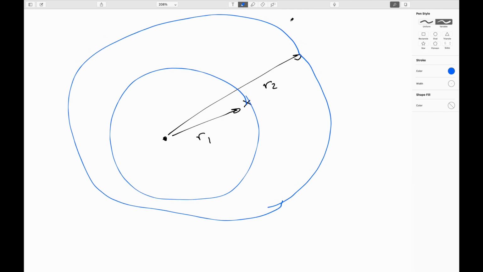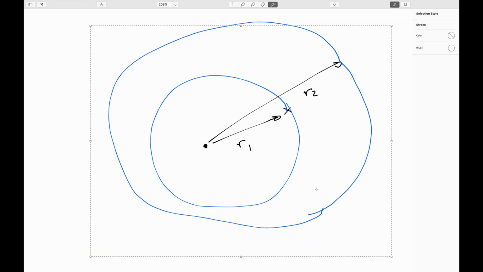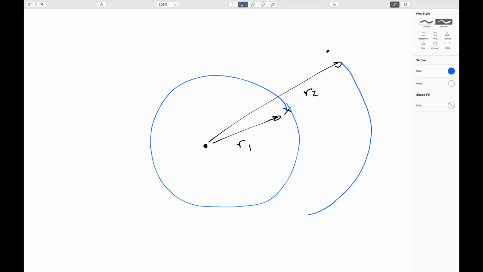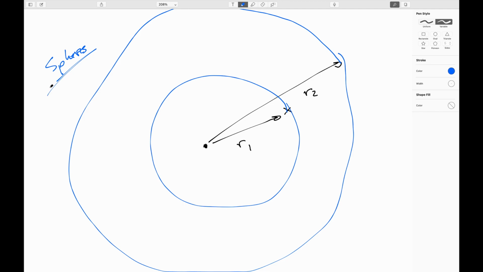Let's try to do a little better. Oops, get rid of that one too. All right. Yeah, it's better. So anyway, these are spheres. You know it is because I labeled them.